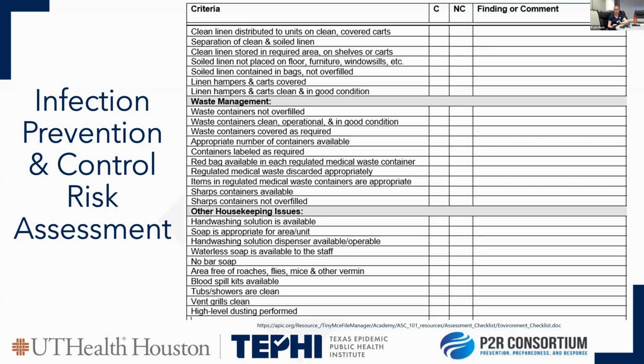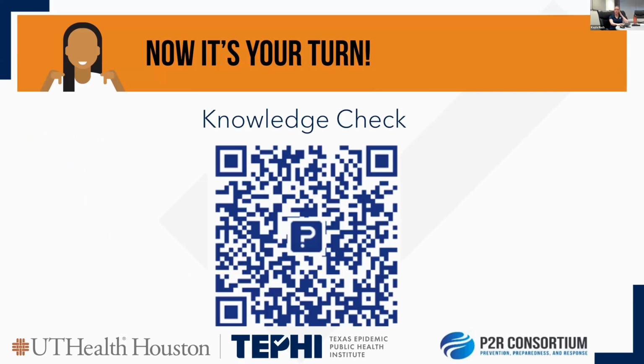Everything should be wiped, and so none of our fabrics for any of our chairs or sofas or anything like that that are in patient care areas or in your waiting rooms. Everything needs to be wipeable. And there's really great things that are coming out with new type of furniture for a hospital.